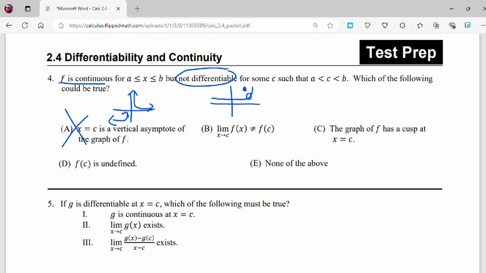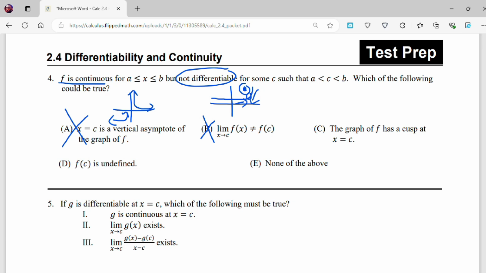So the limit exists, but at that point there's a discontinuity because you have a function value somewhere else. And so again, that is violating our question, which says that f is continuous. And so B cannot be it.